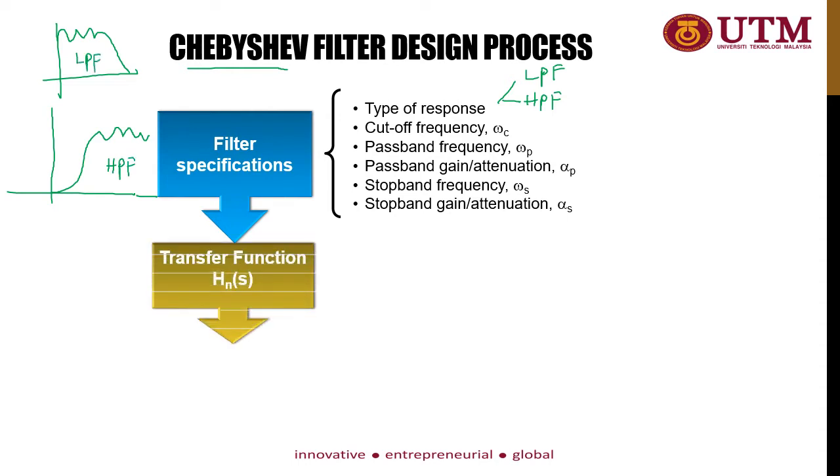Next you need to write down the transfer function. You have two types of transfer function: the normalized transfer function given by H(s), where the equation is provided in the appendix of filter characteristics, and another one is the actual or final transfer function given by H(S).